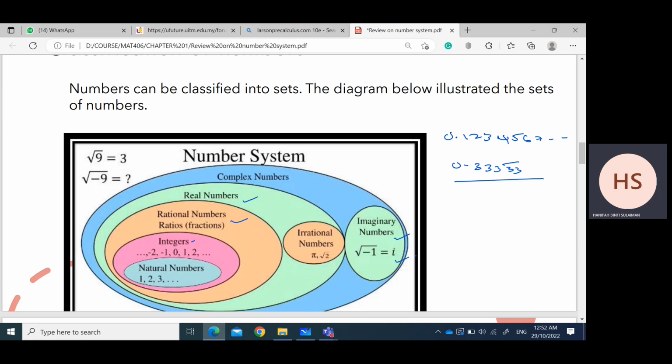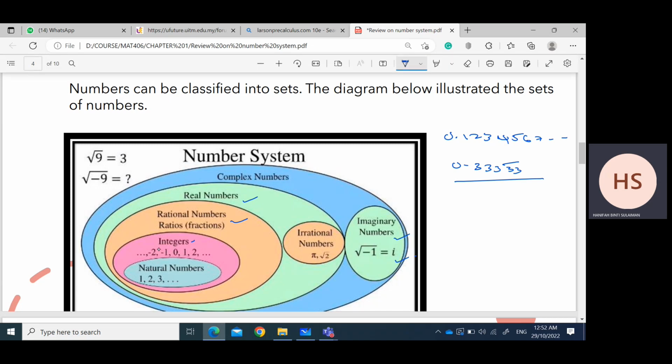And next we have a positive integer. So positive integer is a number started from 1 until positive infinity. For example, 1, 2, 3, 4, 5 itu semua kita panggil sebagai positive integer. So 0 is 0. Kosong dia tak ada negatif, dia tak ada positif, dia adalah kosong. Okay.